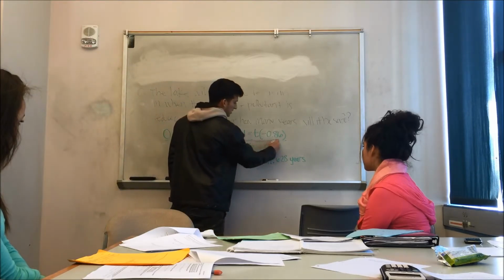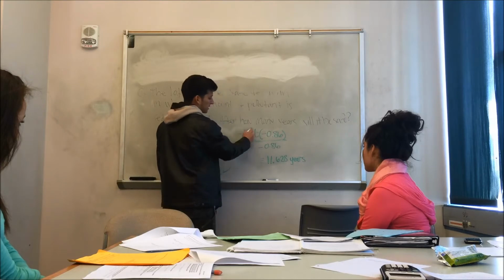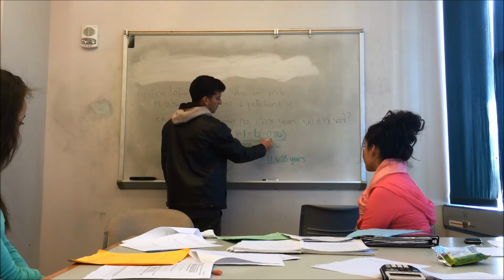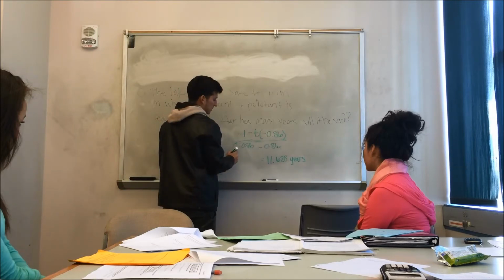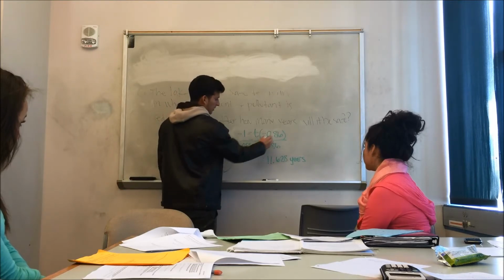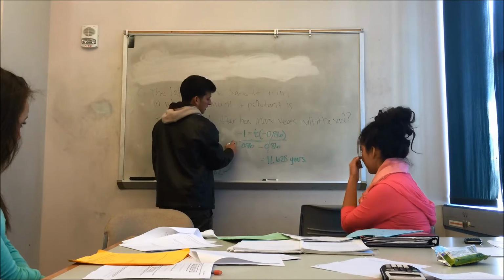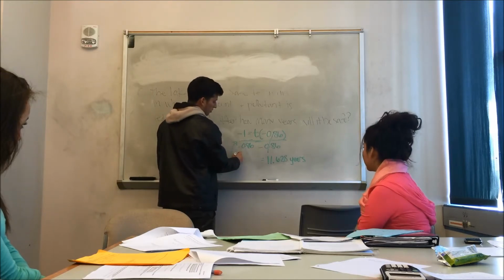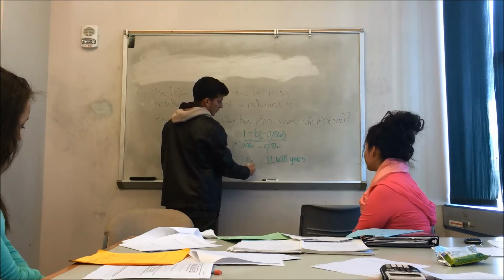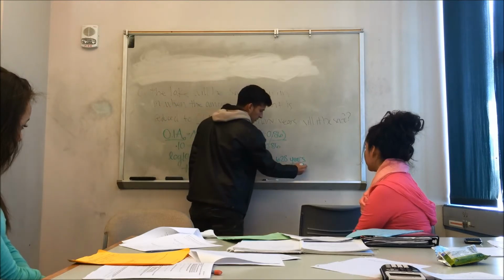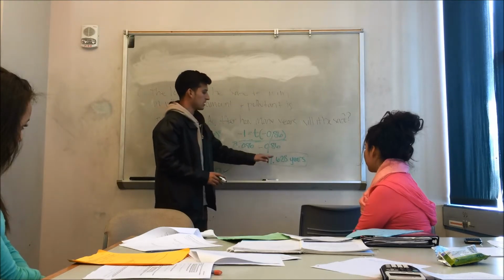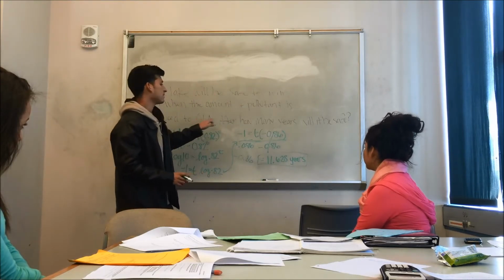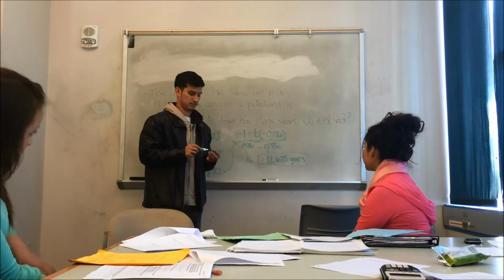So once we get this, in order to get t by itself, we have to divide both sides by negative 0.086. So when we do that, these cancel out, and this negative 1 over negative 0.086 is going to equal 11.628. So in 11 years, the lake will be safe to swim in.